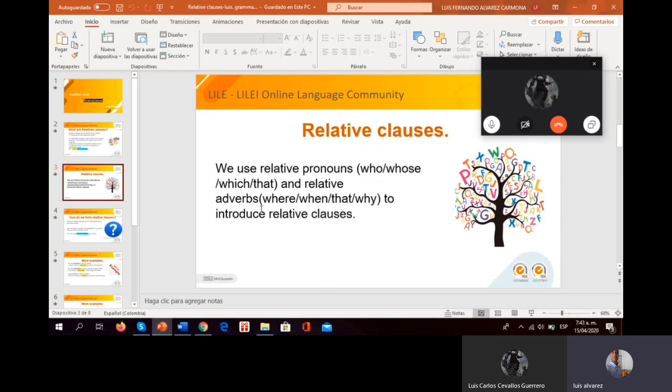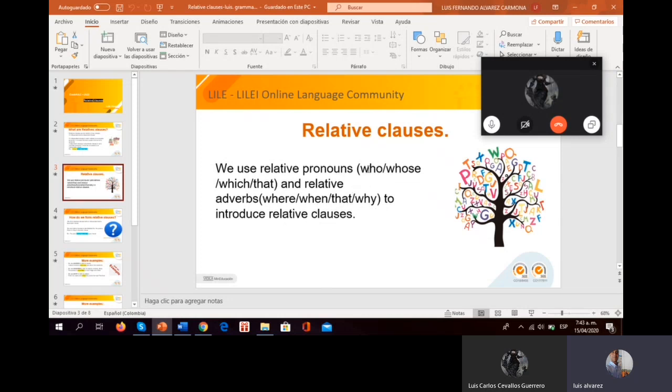And relative adverbs such as where, talking about a place or a location, when, talking about time, that, talking about a time or people, and why, asking for a reason, to introduce a relative clause.